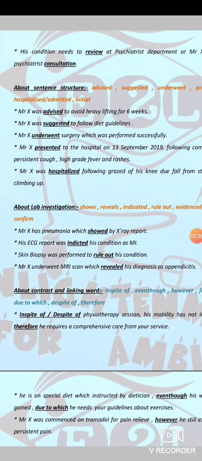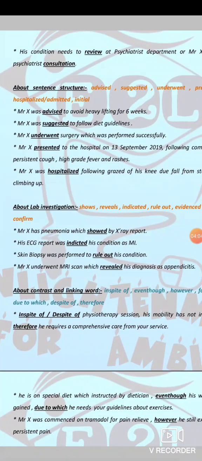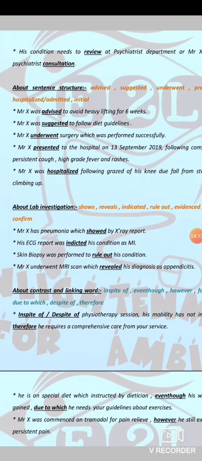Indicated you can use only for two scenarios: if the patient underwent ECG or EEG, because ECG and EEG always indicate some condition. ECG never gives you confirmation of a condition. They always provide you a hint about the condition.